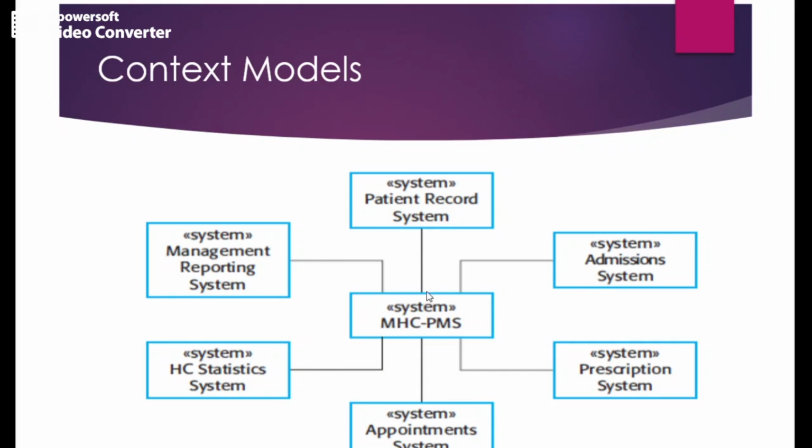But it doesn't show how this system is related to our patient record system, it will just highlight the functionality of that system, but it will not show the type of relationship it is going to have with your system.